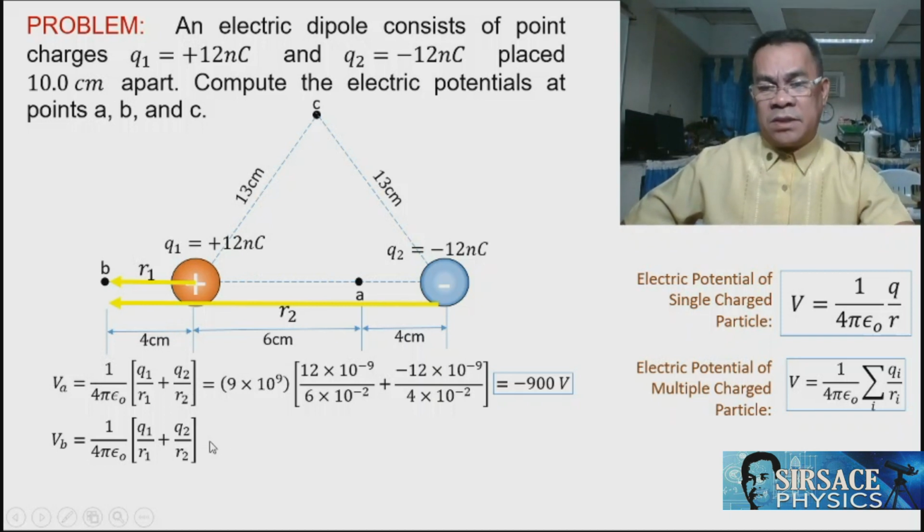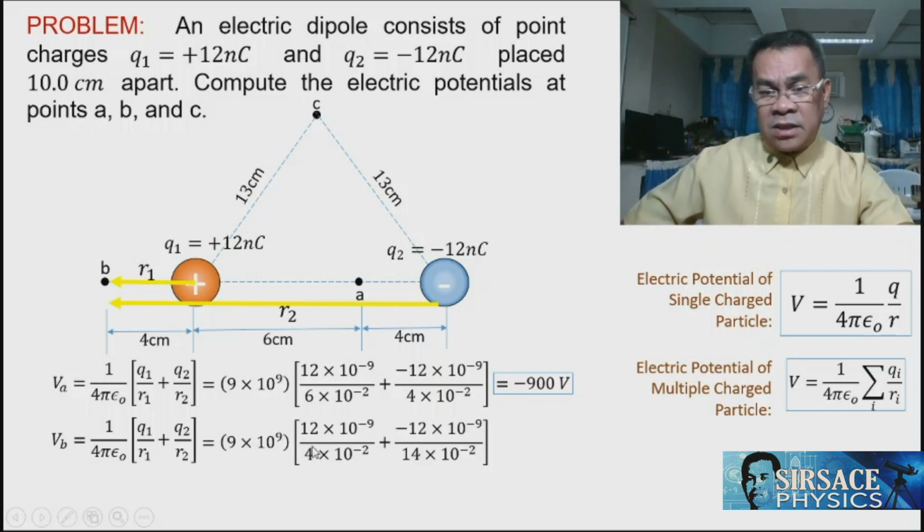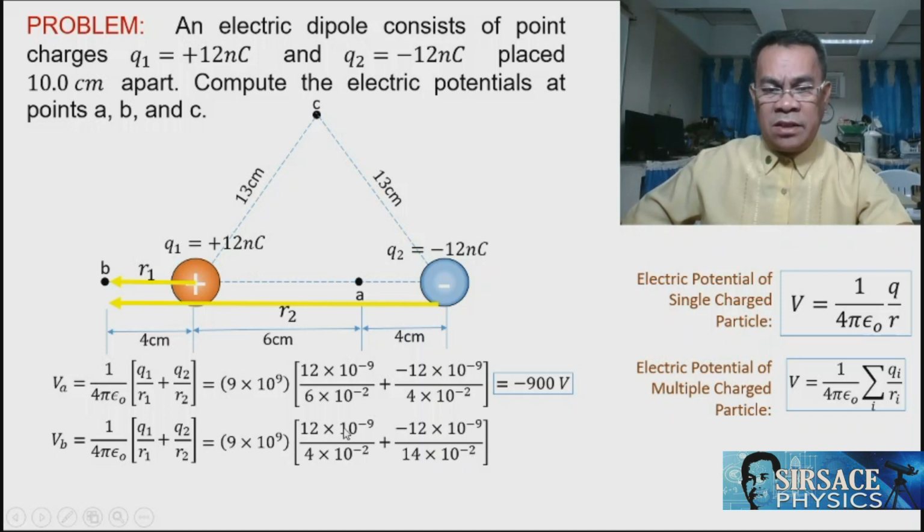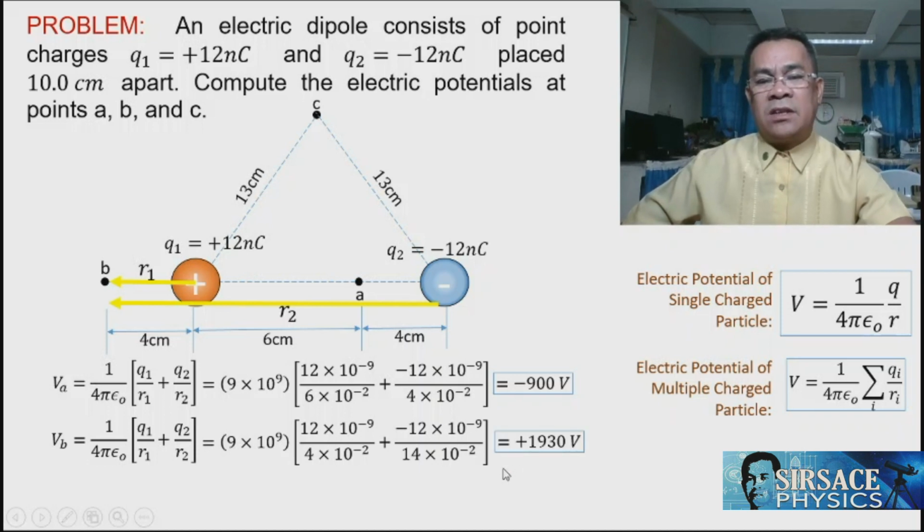So substitute everything the same except these. R1 is 4 times 10 raised to negative 2 to convert to meters, and R2 is 14 times 10 raised to negative 2 to convert to meters. Then calculate using a calculator. The answer is 1,930 volts. Take note, positive.